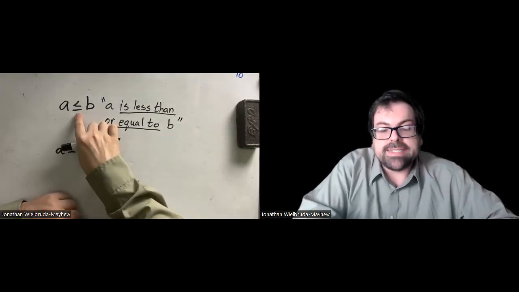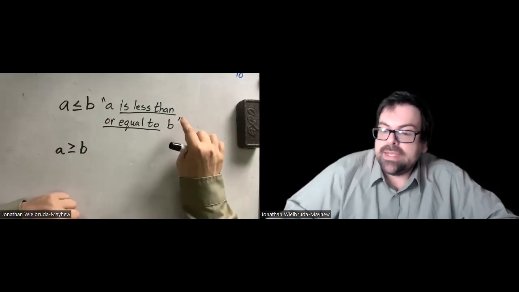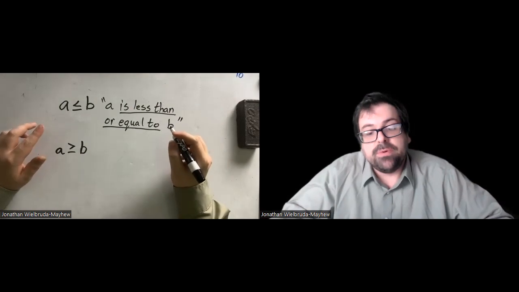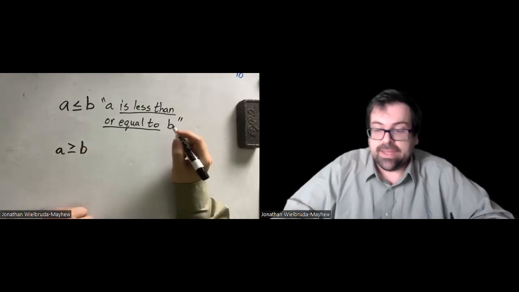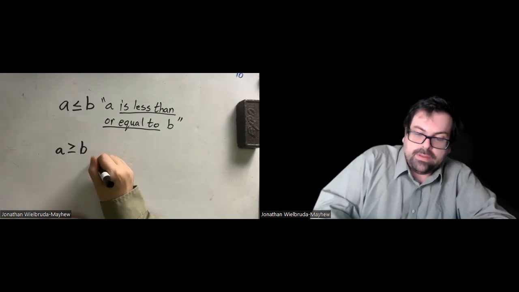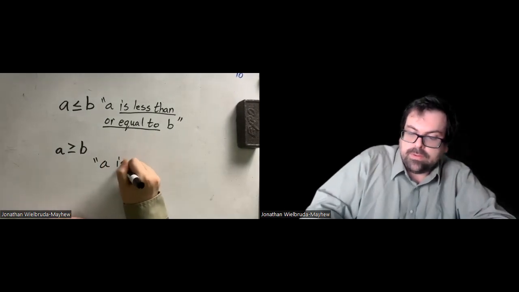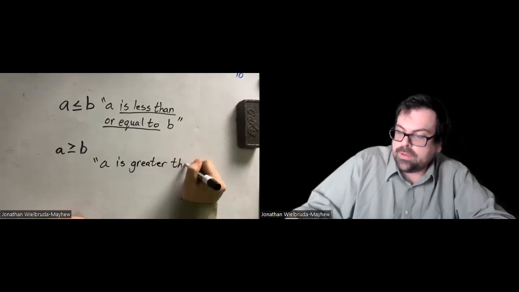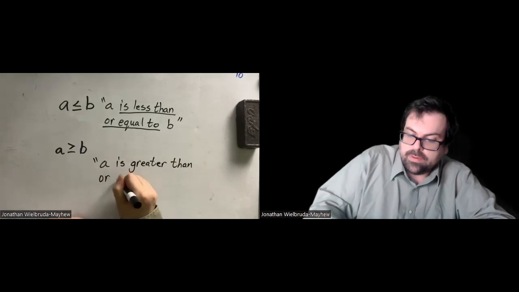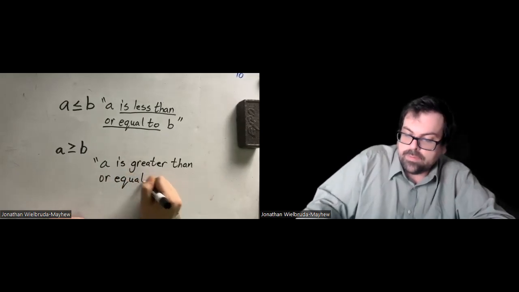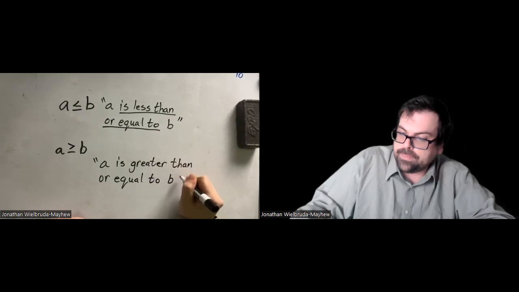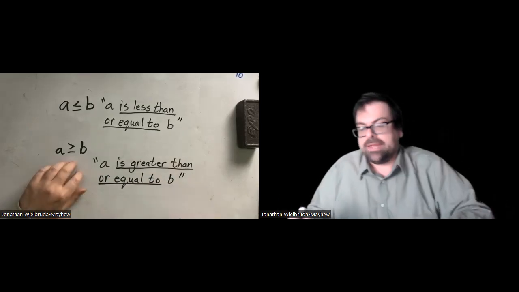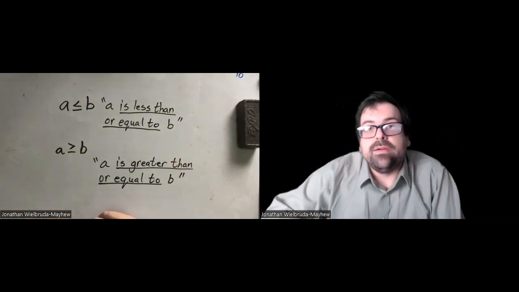This symbol, the less than with the bar, means is less than or equal to. So we could also use it if the two numbers are the same. It doesn't have to be strictly less than. The greater than symbol with the bar underneath means greater than or equal to.